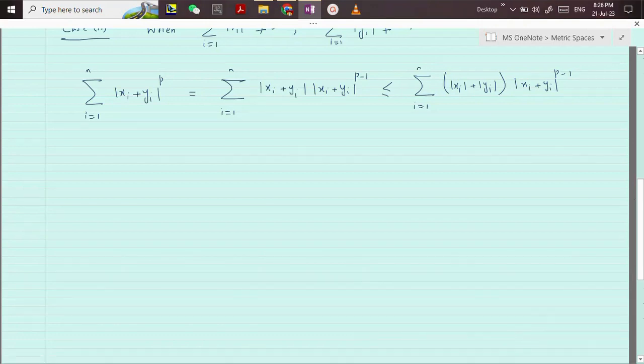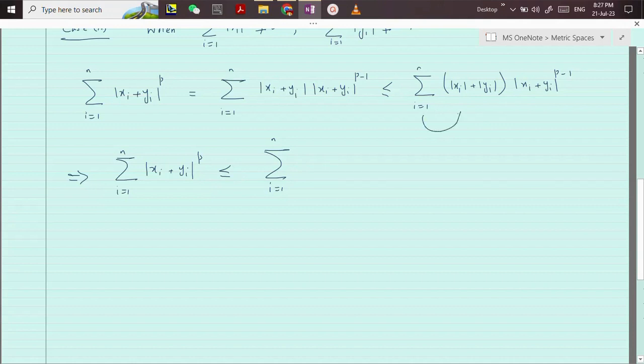Yes, this implies that summation i from 1 to n of |xi + yi|^p is less than or equal to summation i from 1 to n.